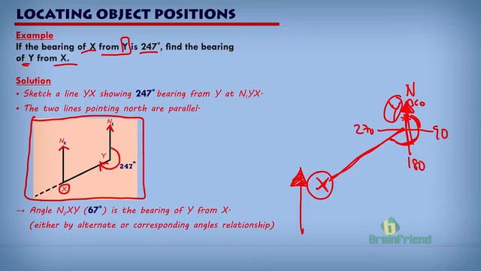That would be taking your angle from the knot, remember, from the knot down to that line. So what is this angle? Theta. That is the bearing of Y from X.